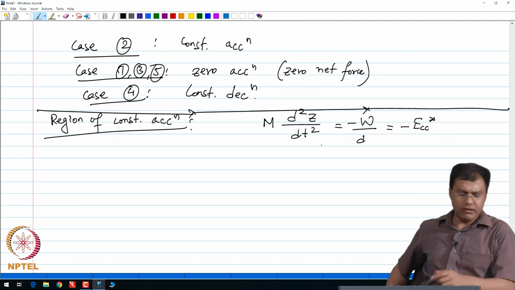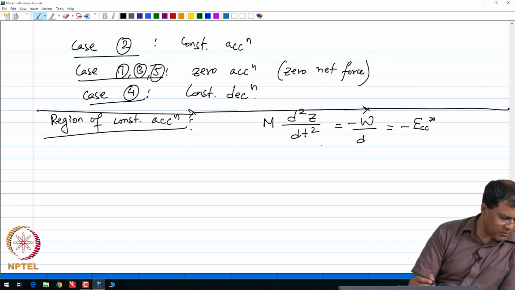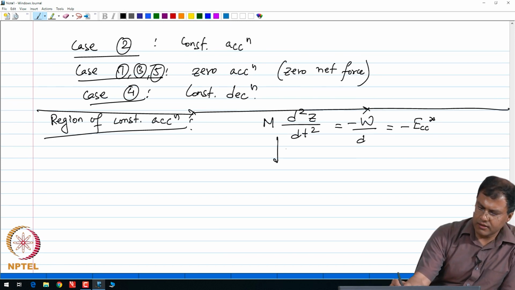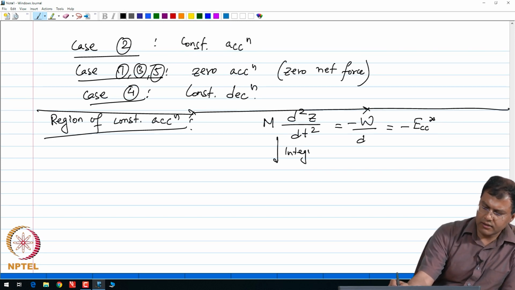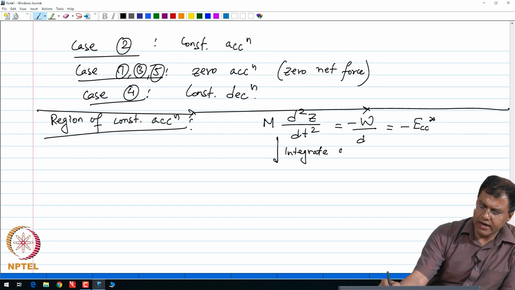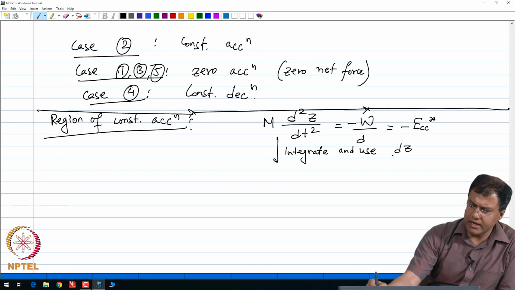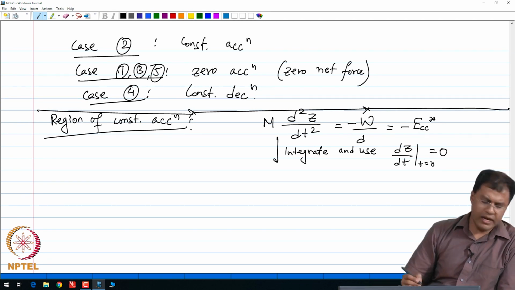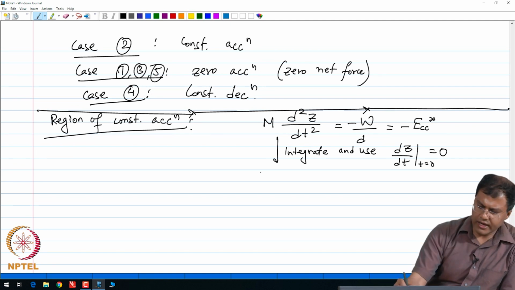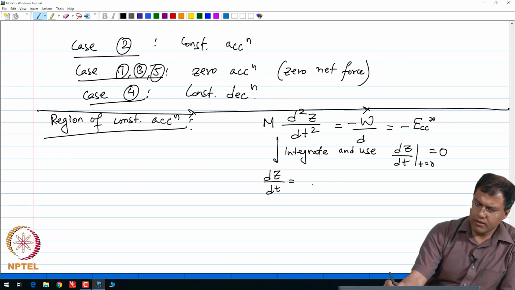Let us integrate once, and use the fact that dz dt at t equal to 0 is 0.